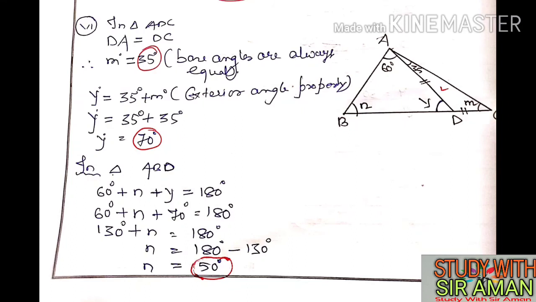Check the position nicely. Okay, in triangle ABD, 60 degree plus N plus Y is equal to 180 degree. 60 degree plus N plus Y. What is the value of Y? Check, we have got 70 degree. So 60 plus 70, 130 plus N is equal to 180 degree. Therefore N is equal to 50 degree.